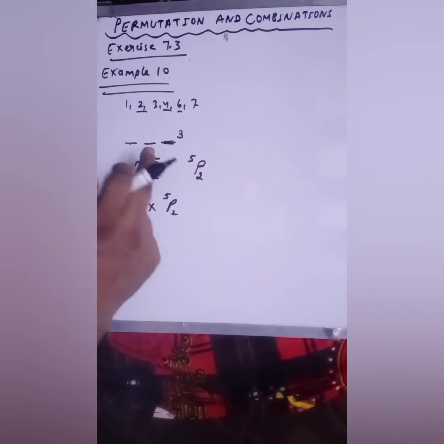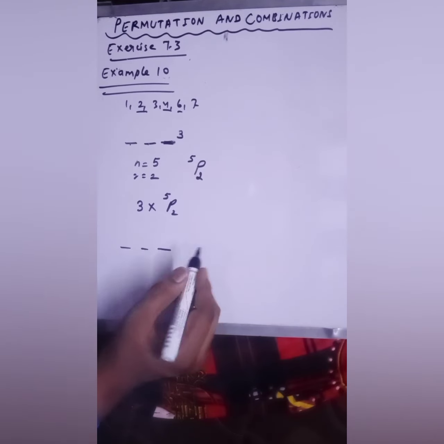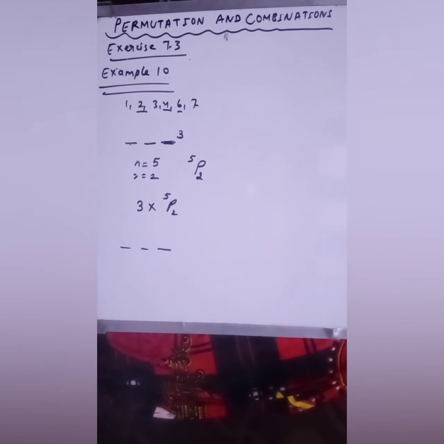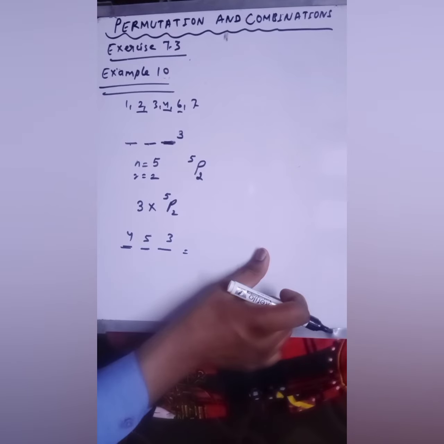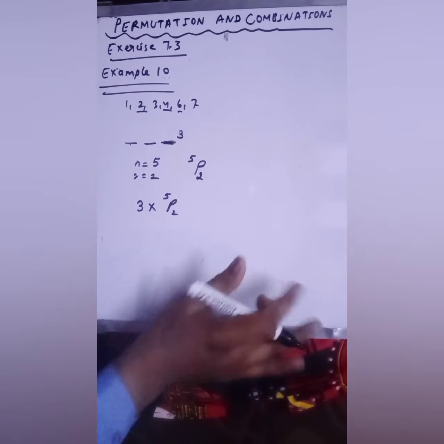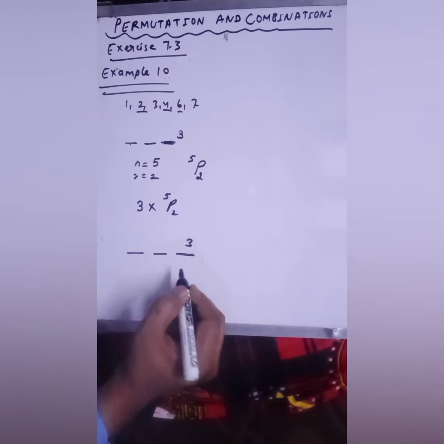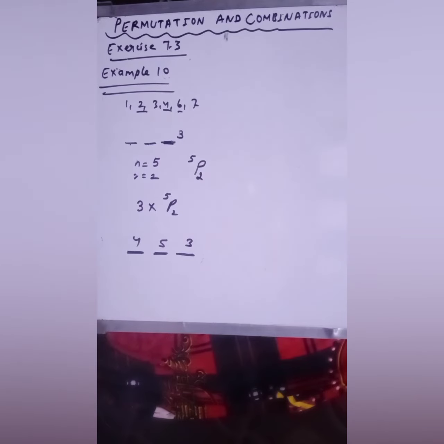Or you can solve it like this, as you have done in question number 1. Here you have to make a 3-digit number. For this place you have 3 choices, for this place you have 5 choices, for this place you have 4 choices, because you have to make an even number.